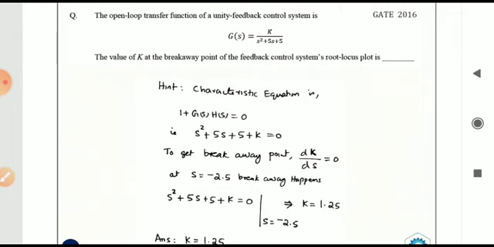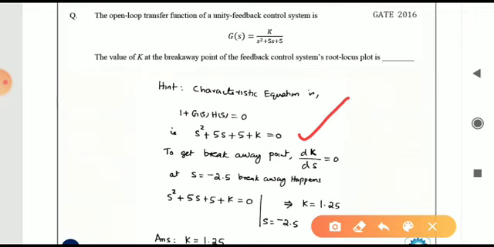Now, since we have the open loop transfer function, we can form the characteristic equation as 1 + G(s)H(s) = 0. As per the given problem, it becomes s² + 5s + 5 + K = 0.